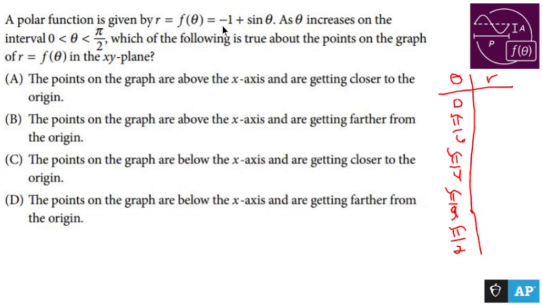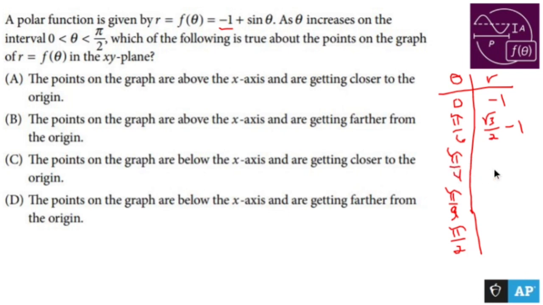The function that I'm supposed to use is sine theta minus 1. So if I plug in 0, I get 0 minus 1, which is -1. Sine pi over 6 is root 3 over 2 minus 1. I'm not going to lose sleep over the math behind that.